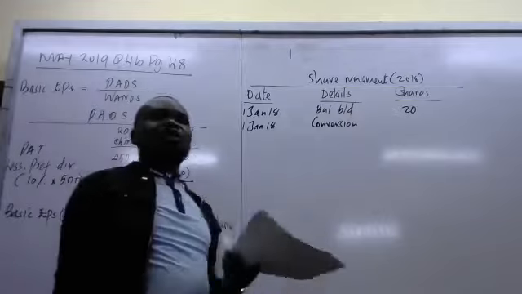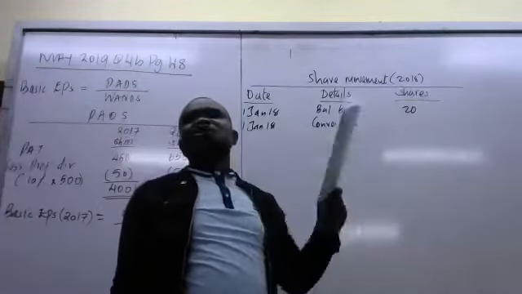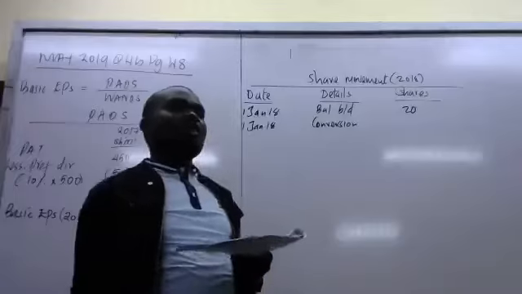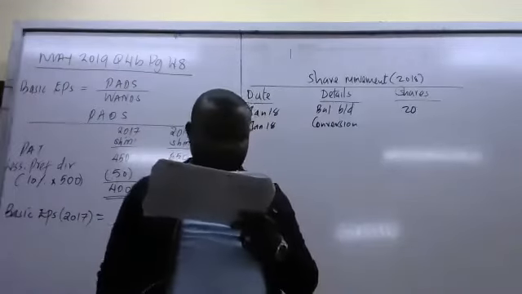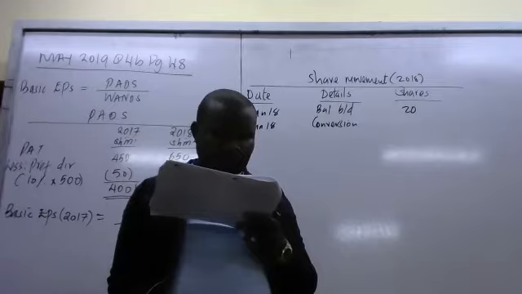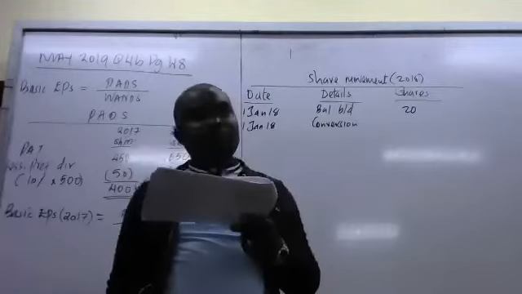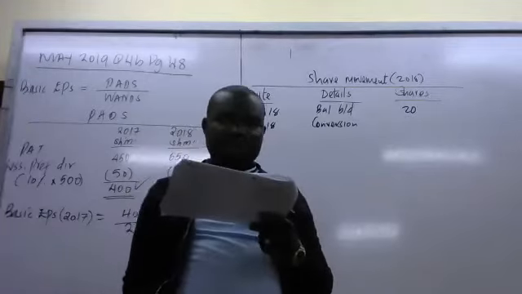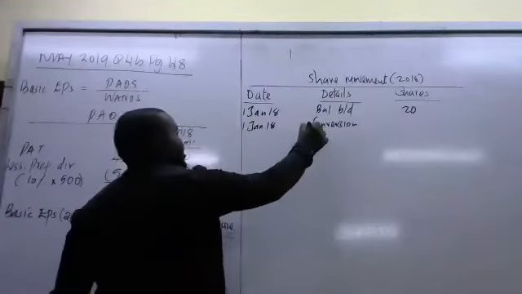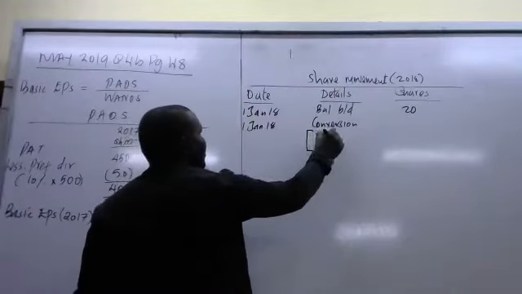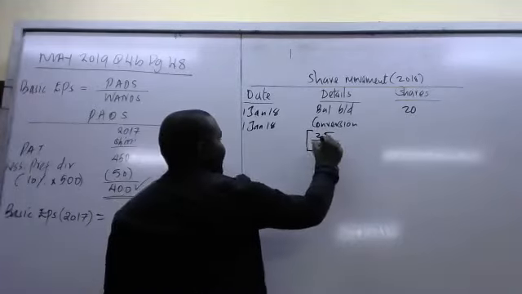So we want to check when they converted, how many ordinary shares did they get? So check the policy. What was the policy if you want to convert? You get how many for how many? You get 25 ordinary shares for every shilling 1,000.